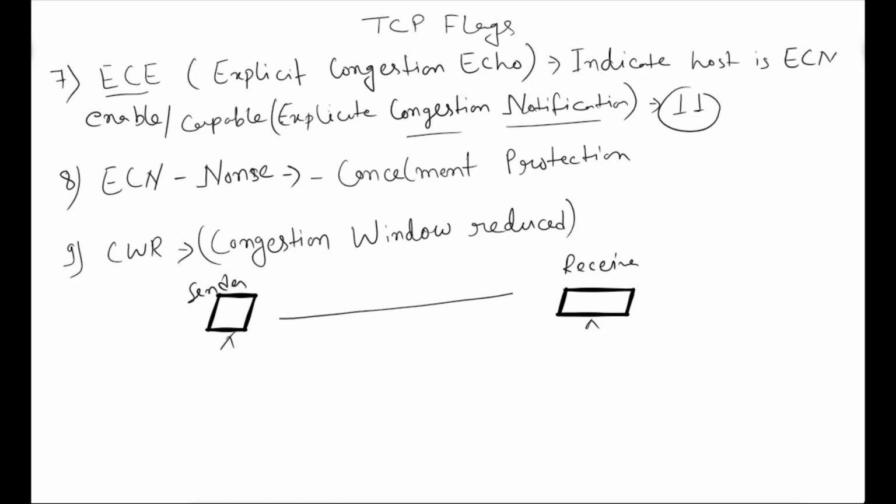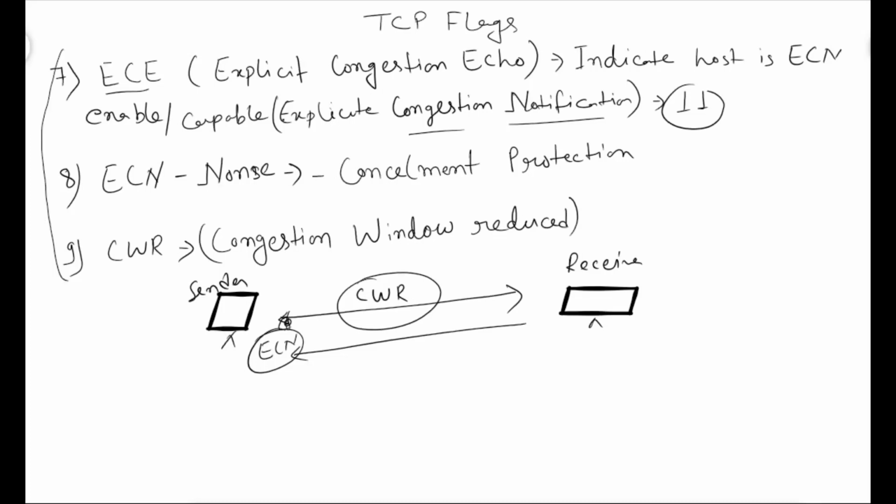This CWR flag notifies the receiver that the sender has received the ECE flag and responded with the congestion control mechanism. The receiver will get the CWR flag and get to know that the sender has responded to the congestion flag. So this is all about the TCP flags.